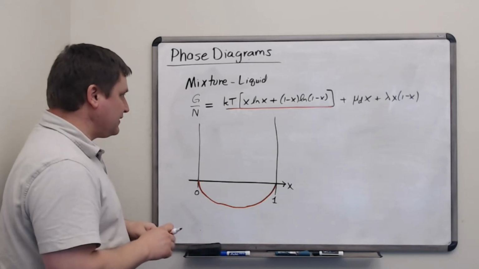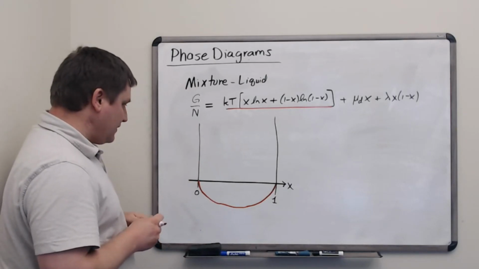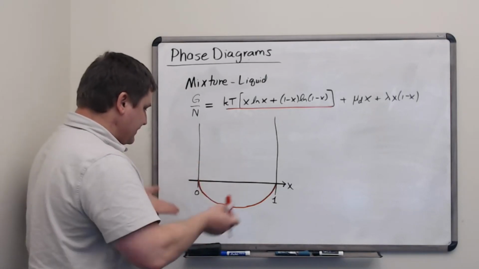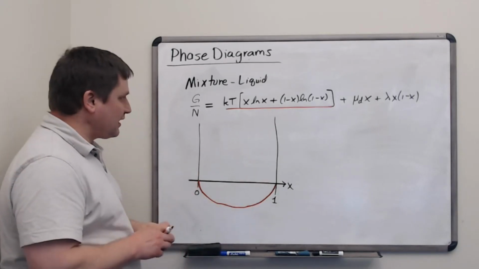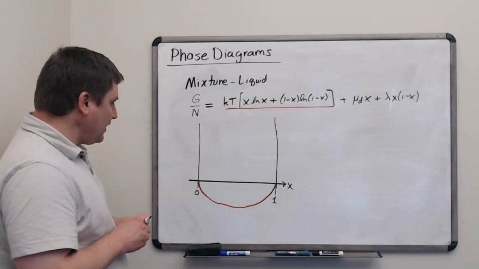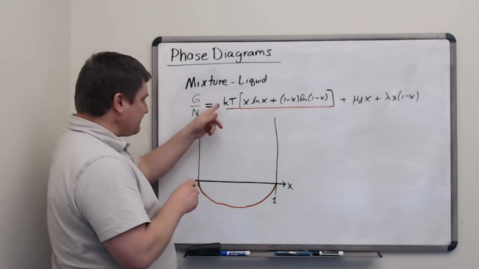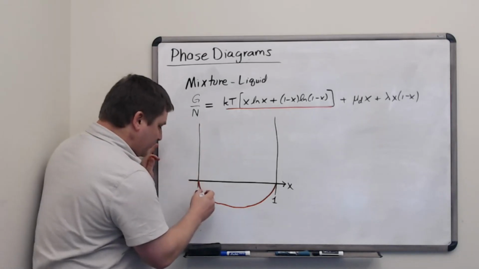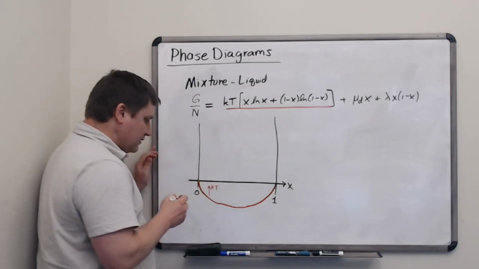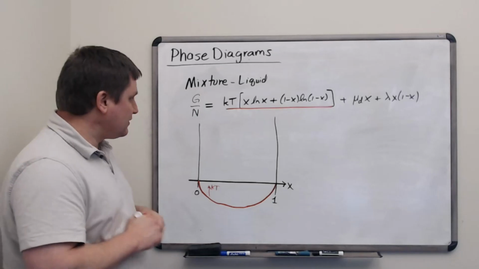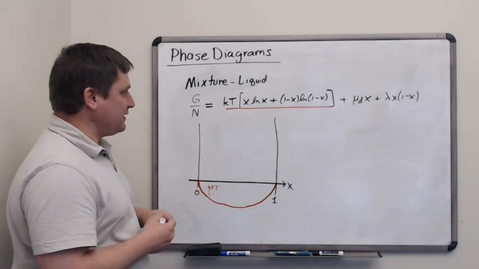It's a downwards curve with a very steep slope at the edges coming up to 0. The other thing about this curve is it's multiplied by the temperature. So if the temperature is raised, it will go down, and if the temperature is lowered, the curve will go up.